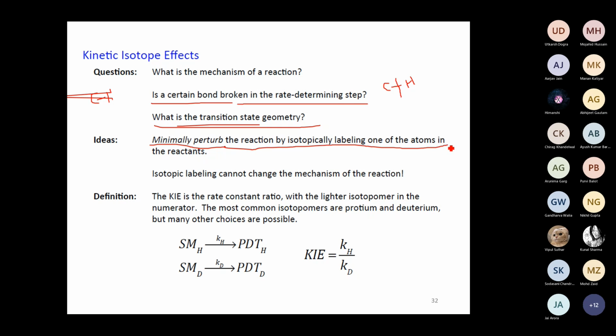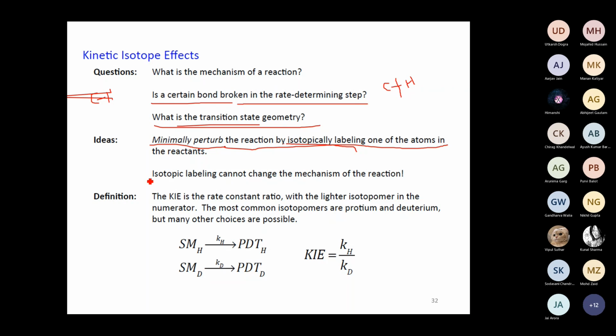As I told before, if you change H to D, this is isotopic labeling. Labeling means you are replacing one type of atom or element with its isotope, like H replaced with D. And how it is disturbing or changing the rate or rate constant, that is the idea.